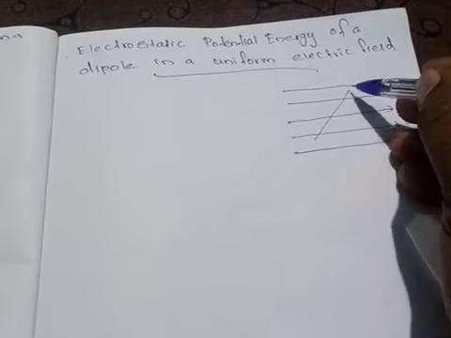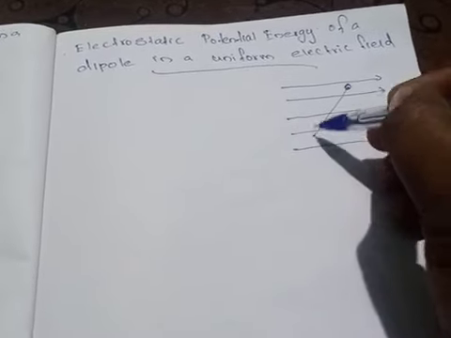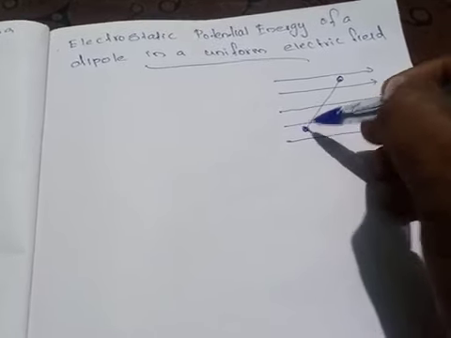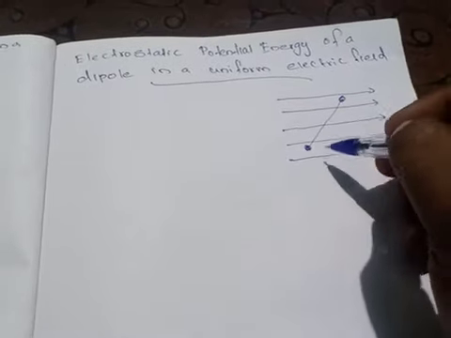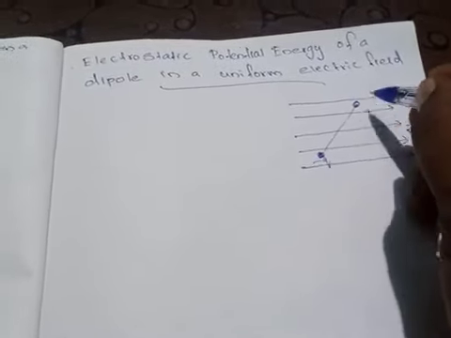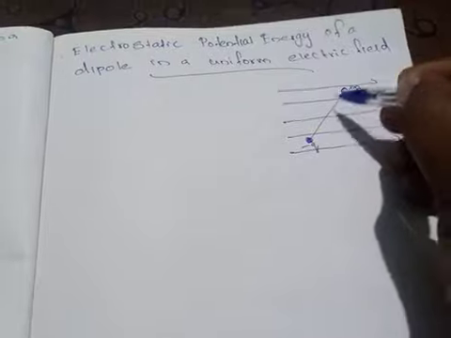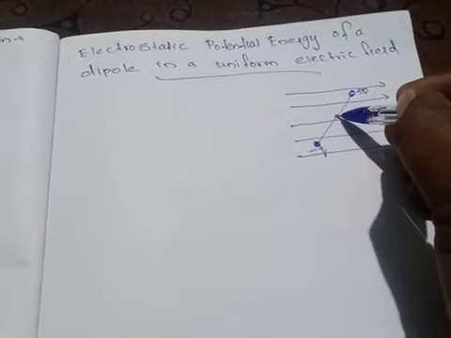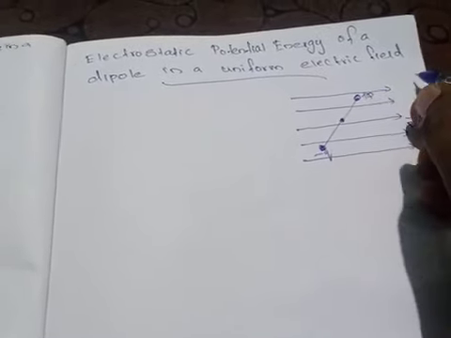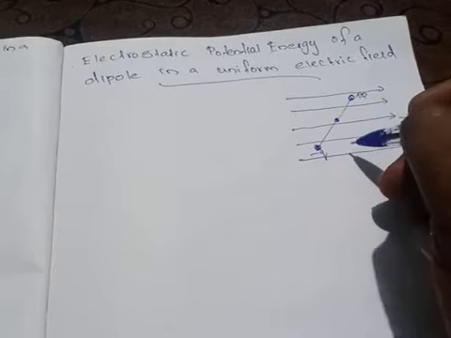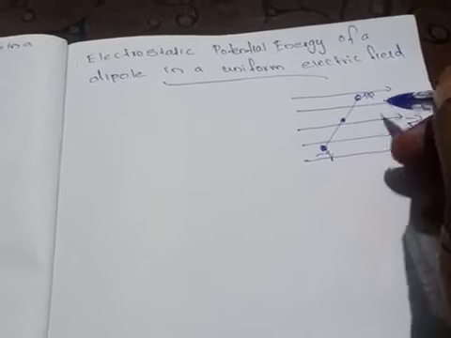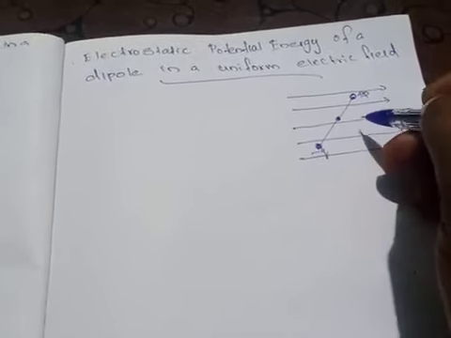A dipole is kept. Dipole means two equal and opposite charges. Here minus q, here plus q. This is what we can call a dipole. So two equal size and opposite charges constitute a dipole.